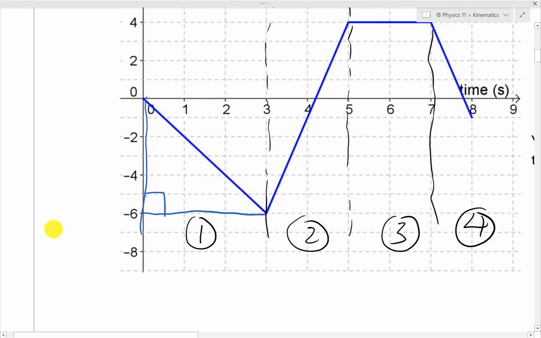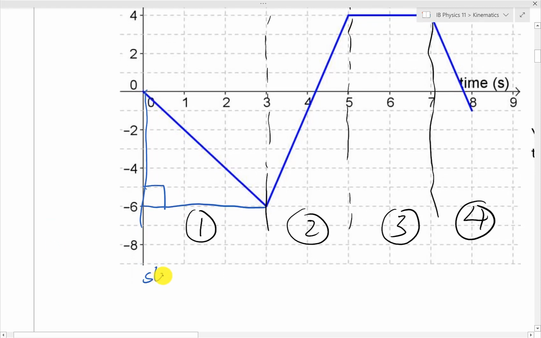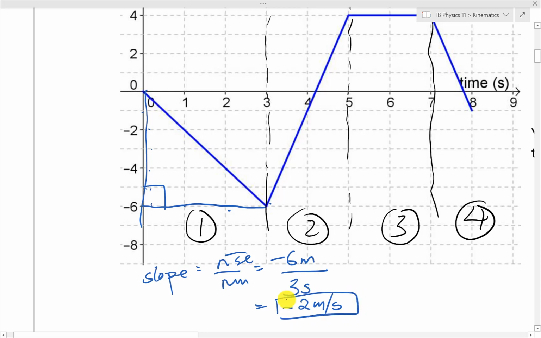So we find this triangle here. So slope we know is rise over run. And here we are descending, so we're going to have a negative rise. 1, 2, 3, 4, 5, 6, or just read the graph. Minus 6 meters. And over the run, which is 1, 2, 3 seconds. This gives us negative 2 meters per second for our first segment.